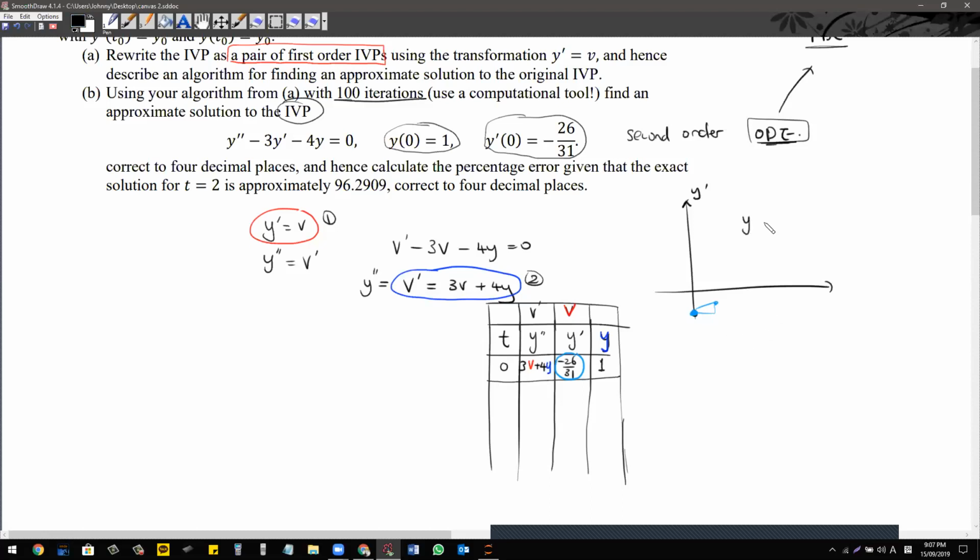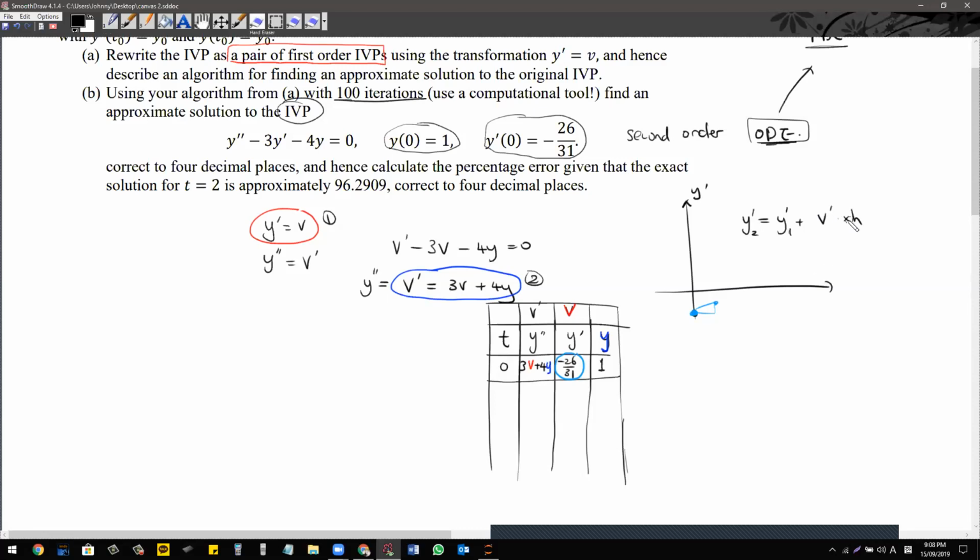y equals y plus the gradient times by the h, right? This is y1, this is y2. In a similar way, we can apply it to y dash, and the gradient of that will be the v dash, all right?